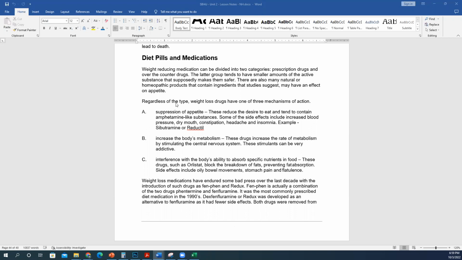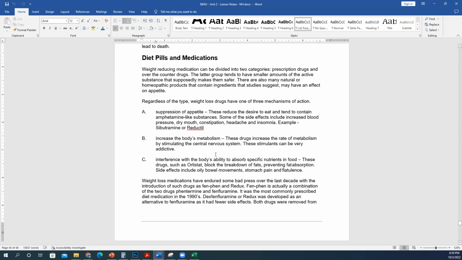And oftentimes they contain amphetamine-like substances, and some of these have very serious side effects, including increased blood pressure, dry mouth, constipation, headache, insomnia. And there are some names of some drugs here as examples.